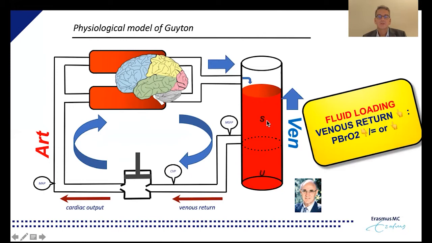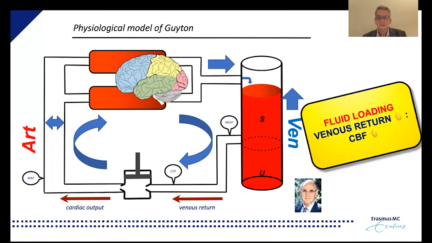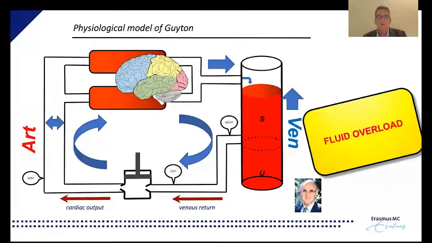So your oxygen carrying capacity goes down because your hemoglobin level goes down. So it may not really improve oxygenation. It might or it might not. And you see over here that, of course, the arterial bed will also be better filled up with volume, and then cerebral blood flow can go up.